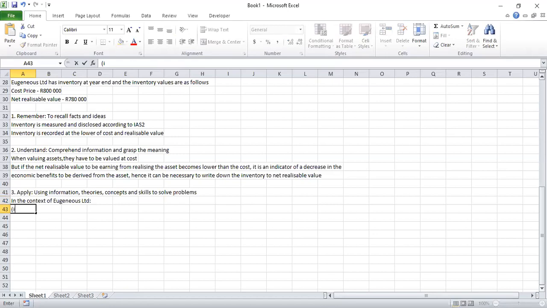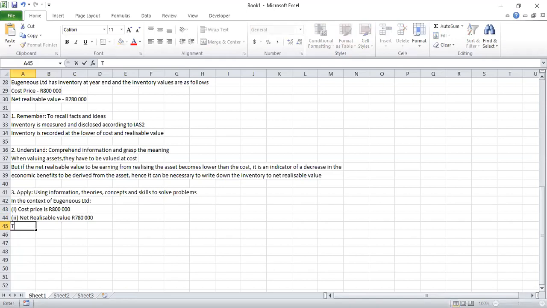Number 1, my cost price is 800,000. My net realizable value is 780,000. Then from my number 1 and number 2, I know that I should record and disclose my inventory at the lower.